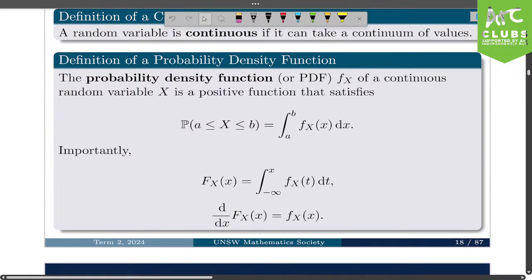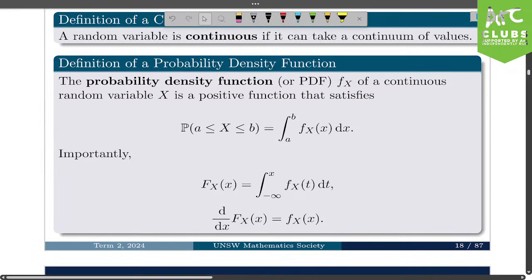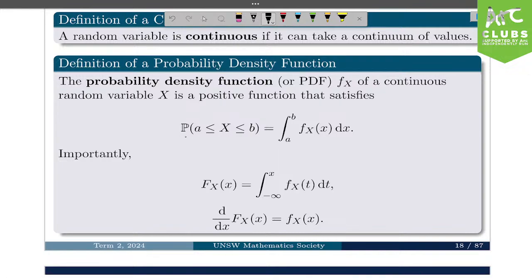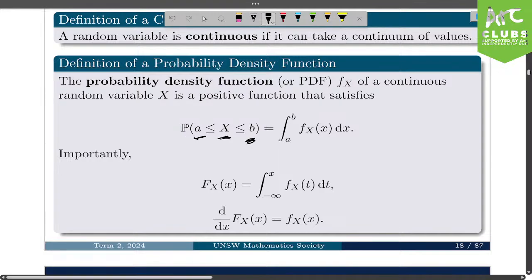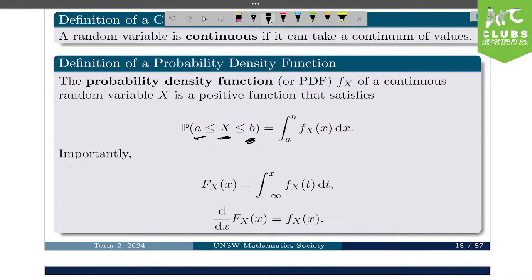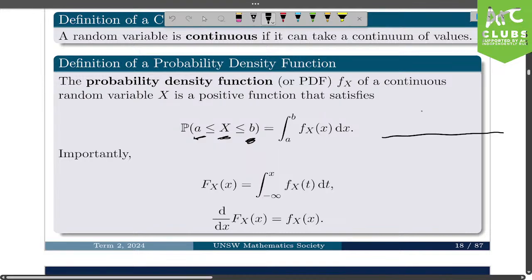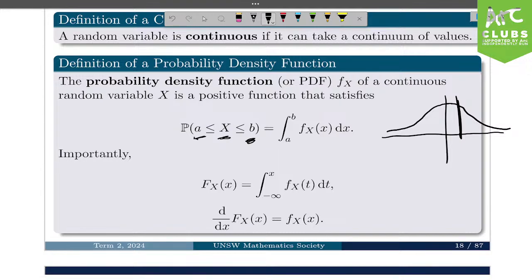The probability density function of a continuous random variable is going to be related to the probability that X is between two values. Whereas before we had the probability that X equals some value, for a continuous random variable, the probability that the experiment winds up with a single exact value is always going to be 0, because the area under a single point is 0.